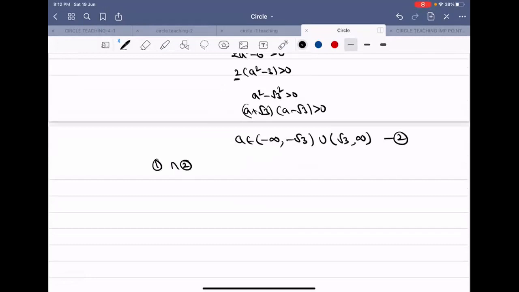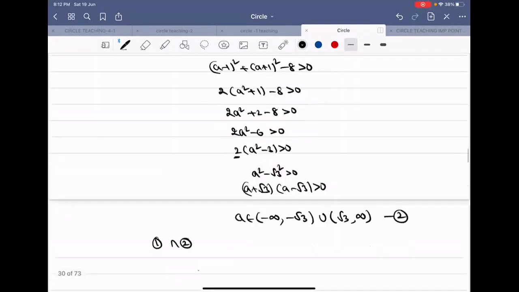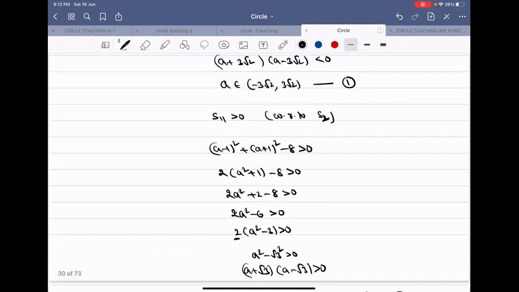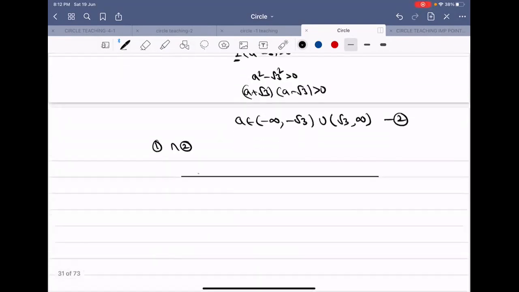So, if you put these two solutions on the number line, first I will write minus root 3 over here and root 3.